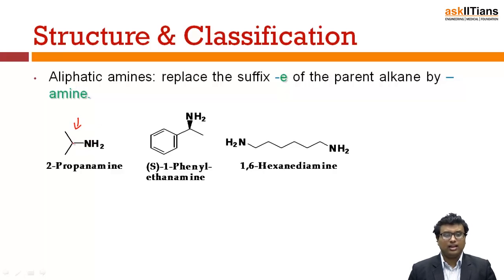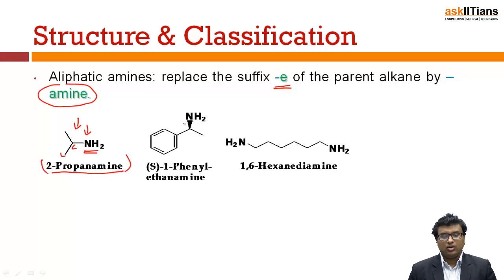You have 3 carbons, but instead of the carbon in the last position you have nitrogen, which is your amine group. So what you have to do is replace the suffix e by amine. That means here it is 2-propanamine.